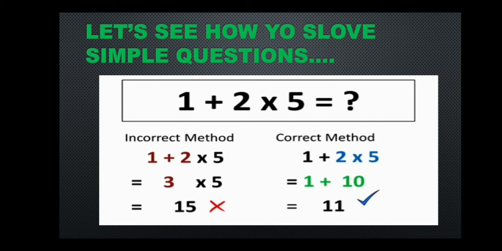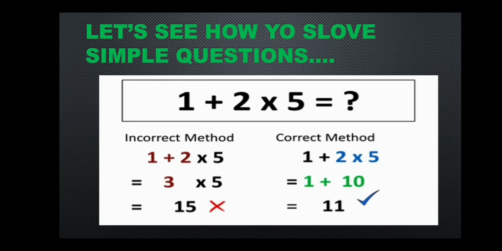Now let's see a question, 1 plus 2 multiply by 5. If a student solves 1 plus 2 is 3 and then multiplies by 5, the answer is 15. But this is absolutely wrong, because in this question the child has to use the DMAS rule. D is division, so we don't have any division here. M is multiplication, so multiplication the child will do first.